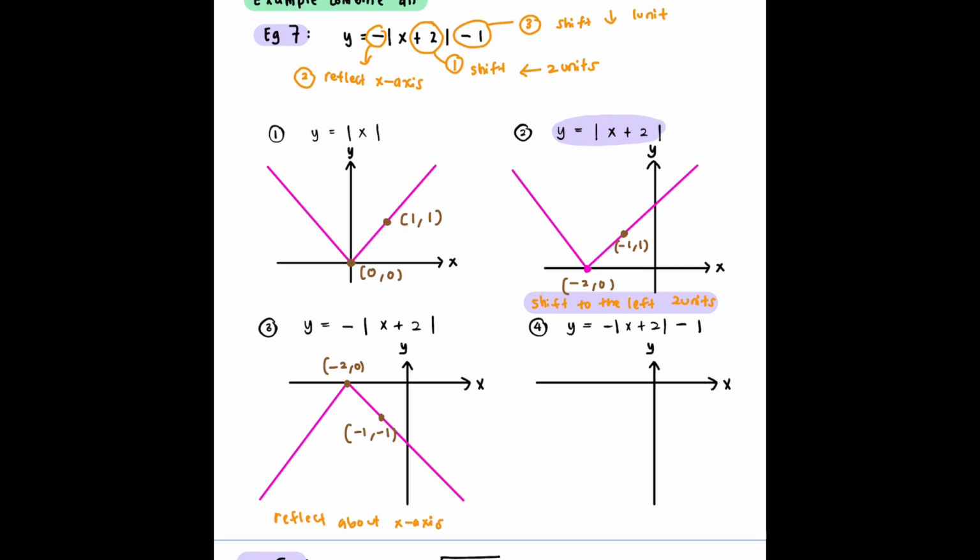Okay? And then the last one is the last step, which is shift downward 1 unit. So from this graph, all the points will be moving downward 1 unit. So just sketch only the graph. Okay, let's say this is your new graph. What happened to the points here? From negative 2, 0 will be at negative 2, negative 1.